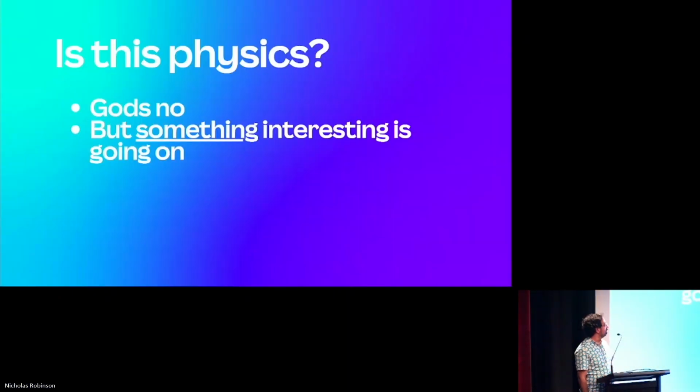So there's a question that comes up often whenever I show this stuff: is this physics, right? Have we built something that is able to do some sort of complex physics simulation of the world? Absolutely not. Right? No, absolutely not. And I think an interesting paper all on its own would be examining how close it gets to simulating ray tracing, how close it gets to simulating very complex physical phenomena.